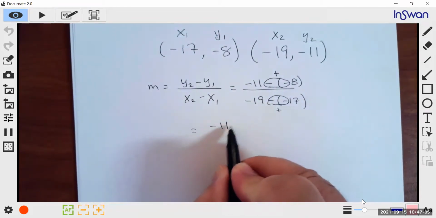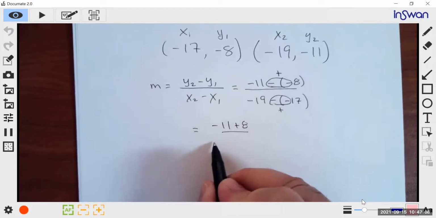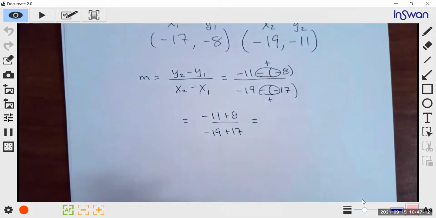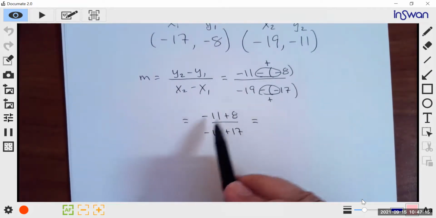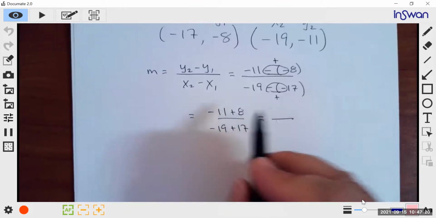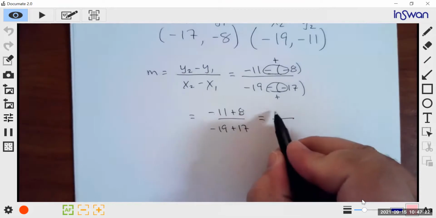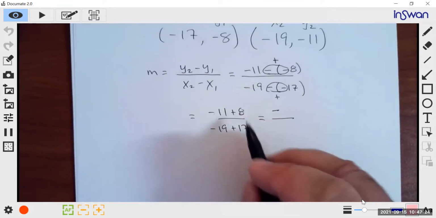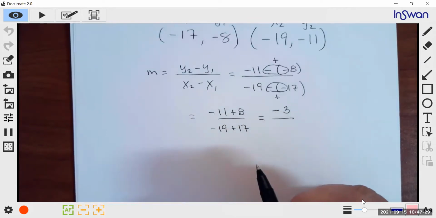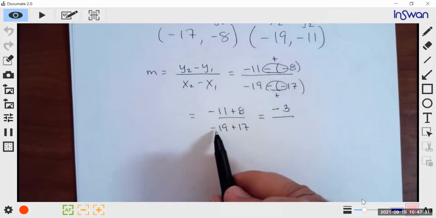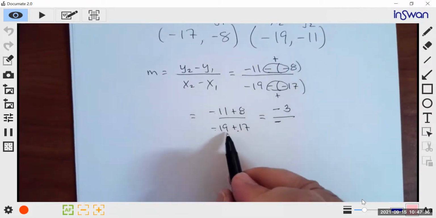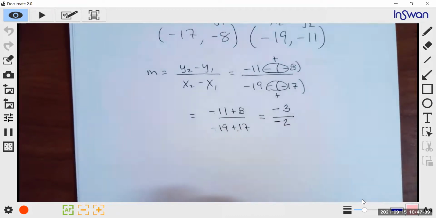So we have negative 11 plus 8, negative 19 plus 17. Different signs. If you have different sign numbers, whatever number is bigger, that's the sign of that answer. Since 11 is bigger than 8, the answer on top is going to be negative. 11 minus 8 is 3. Same thing on the bottom. 19 is bigger than 17, so it's negative. 19 minus 17 is 2.